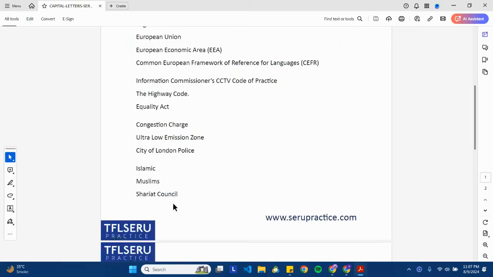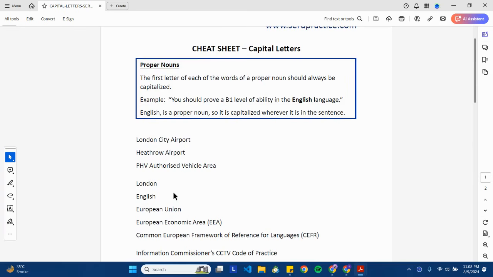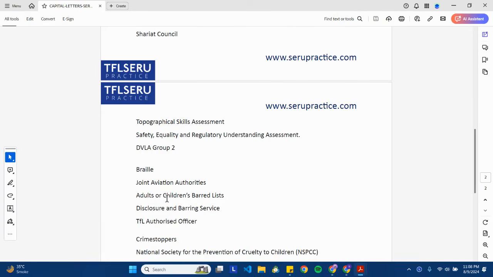So right here, we have compiled the list of all the proper nouns in the TfL SERU assessment for your convenience. Among these words, you can see Joint Aviation Authorities, because the term Joint Aviation Authorities is a proper noun. Therefore, the first letter of each word has to be in uppercase.